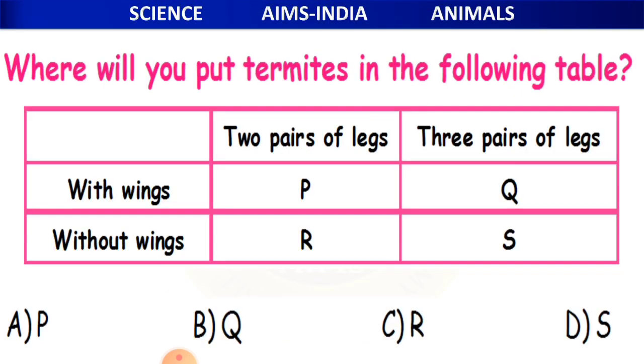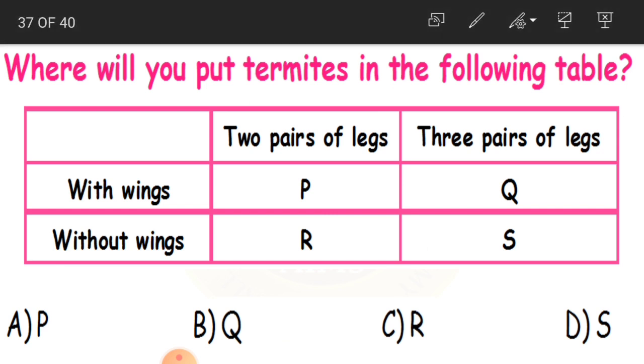Now the next question. Where will you put termites in the following table? You have to place it in P, Q, R or S. That we have to identify here. With wings and without wings.